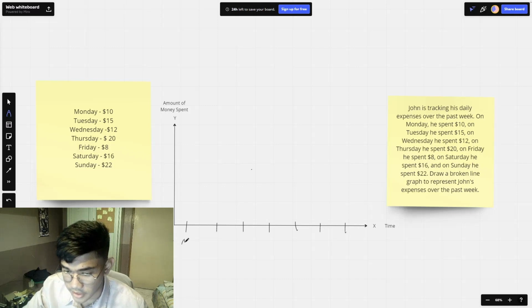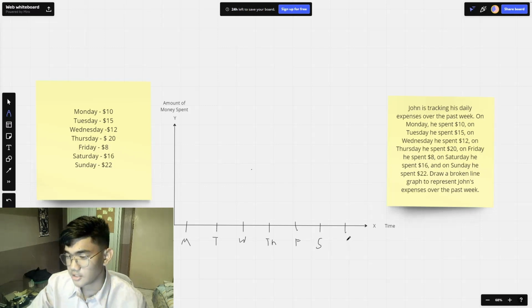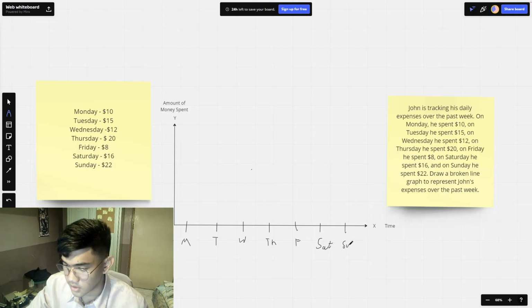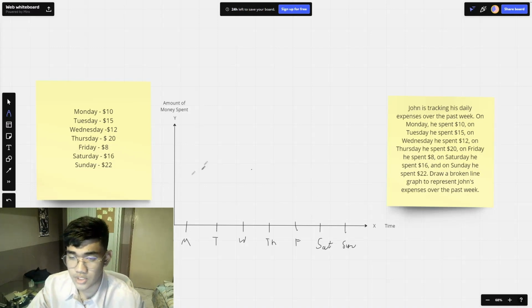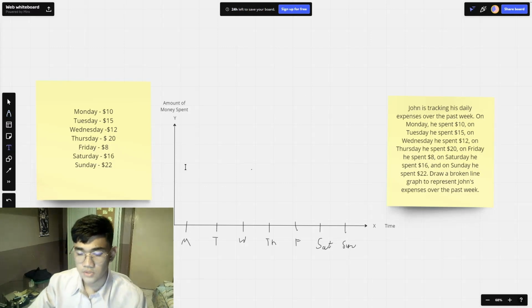Then we'll label the lines. Now that we have labeled the x-axis, let us move on to the amount of money spent, which is the y-axis. So let's begin.